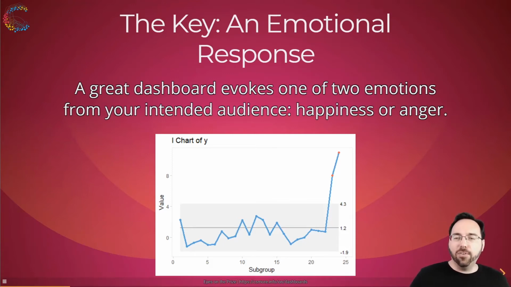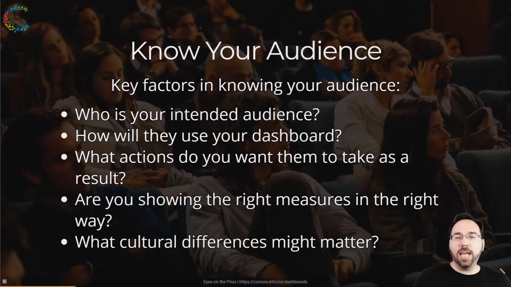I'm angry because I have to act. So I've got to go stop this thing, fix this thing, bring it back to tolerance, and then I become happy because we're back in control. Everything's looking fine. So we evoke emotion because we can give an indication that here is a response I need you to make. And that's what a really good dashboard does.